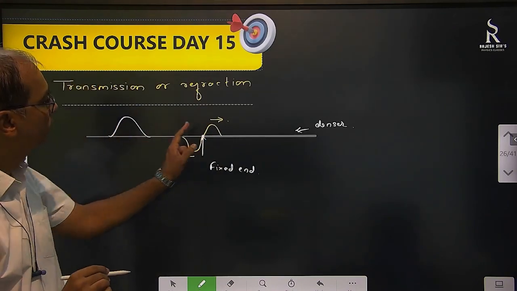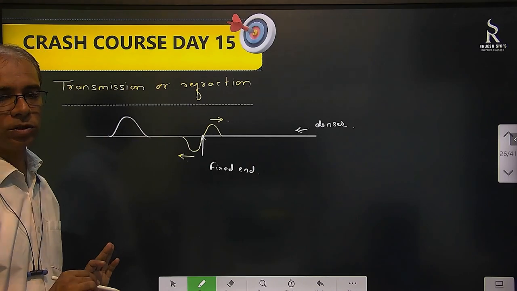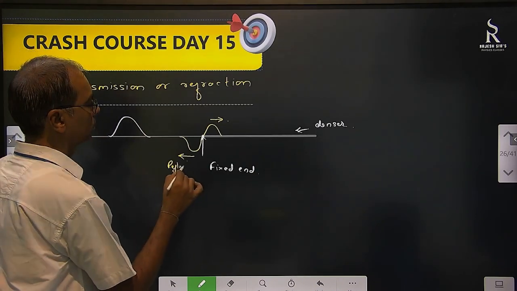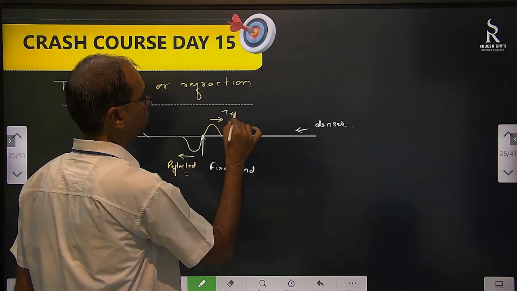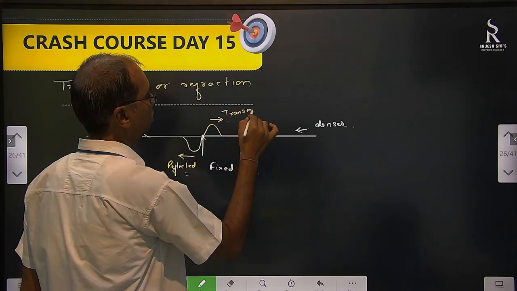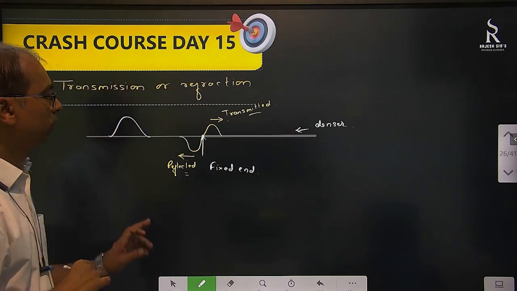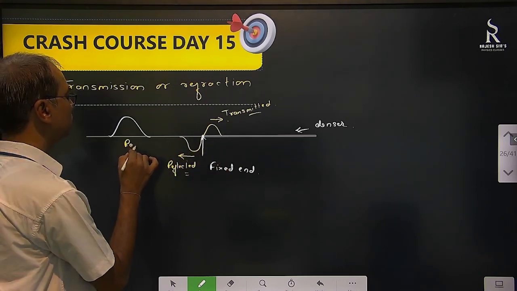Between transmitted and incident there is no phase change, whereas between incident and reflected there is a phase change. This is reflected, and this is transmitted. This is when it's moving from rarer to denser medium.